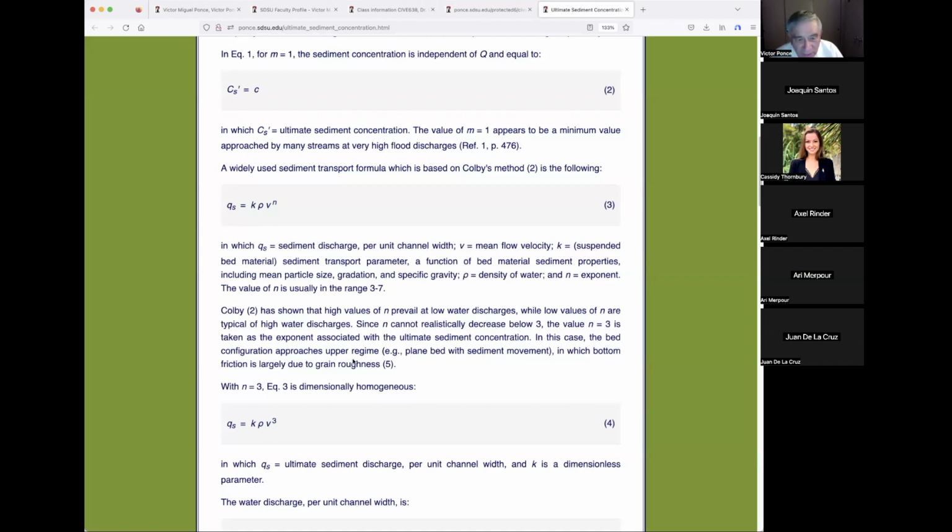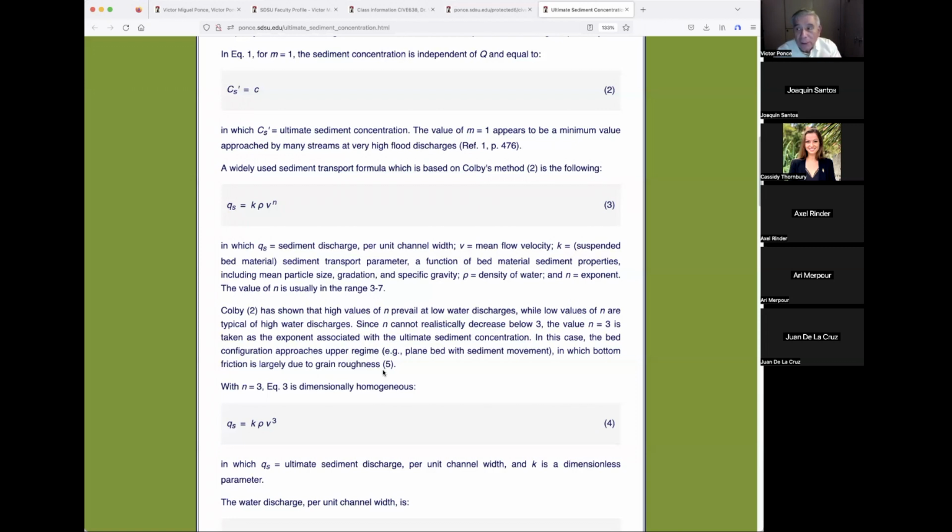In this case, the bed configuration approaches upper regime, in which bottom friction is largely due to grain roughness. So here we introduce the concept that Einstein, and we're going to come back to this later on. Einstein said in 1950 that there were two types of friction, the grain friction and the form friction. He separated them and was able to calculate them independently of each other.